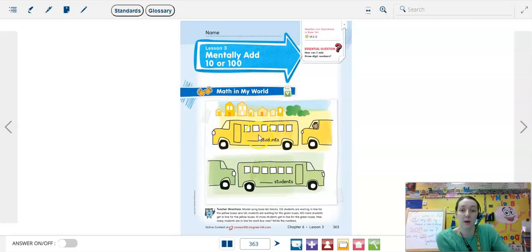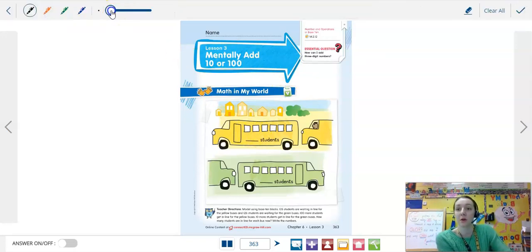All right, so let's talk about what we've started with. I do apologize, there's not a lot of space. So we have 126 using our base 10 blocks, and the same on the green.